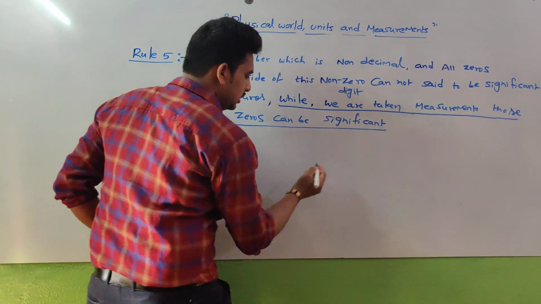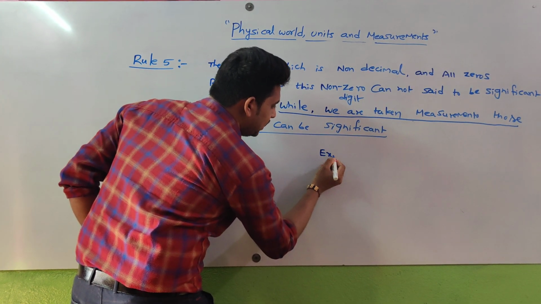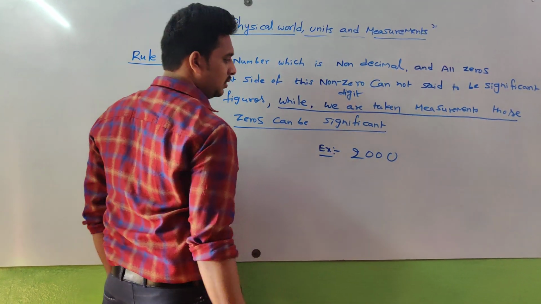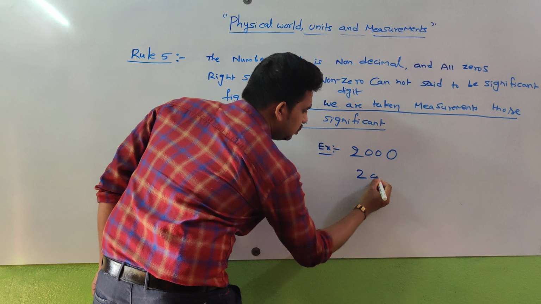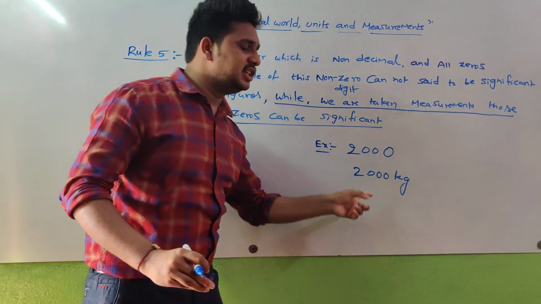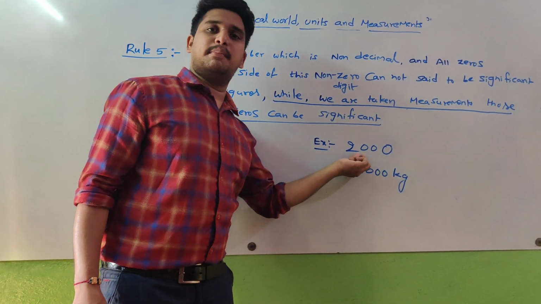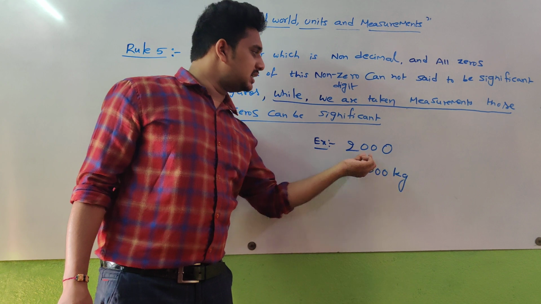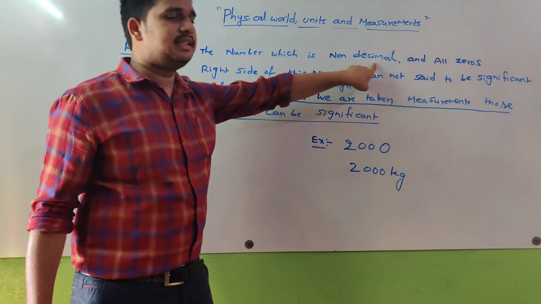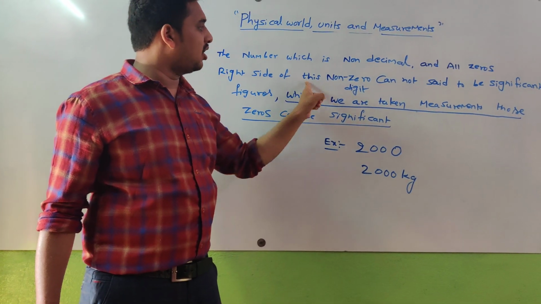So let us explain here. Example: 2000, and 2000 kg. What is the difference between these two? This is a measurement. This is a number. Observe here, just a number which is non-decimal. All zeros right side of a non-zero digit.